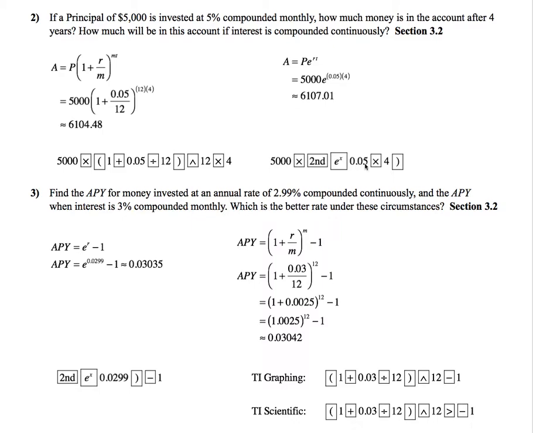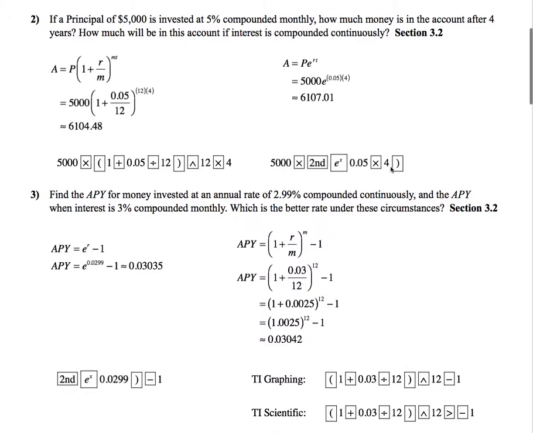And then you enter 0.05 and times 4, and then you need to close those parentheses for either calculator in order for the calculator to understand that you're done with that exponent. And again, that's the value that you'll get for continuous compounding, $6,104.01. Not a lot more than this, but a little bit more.